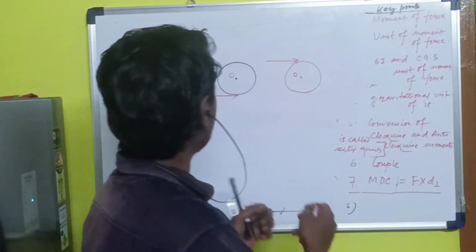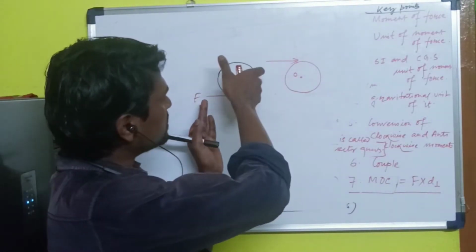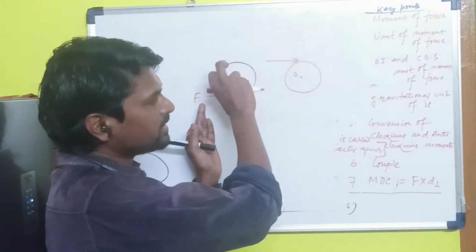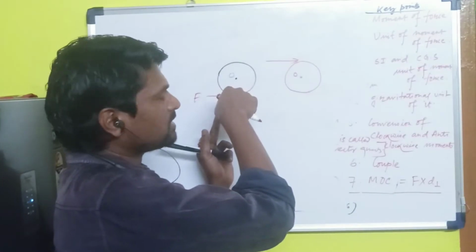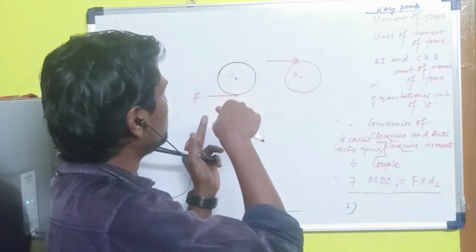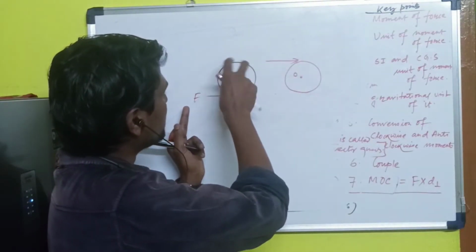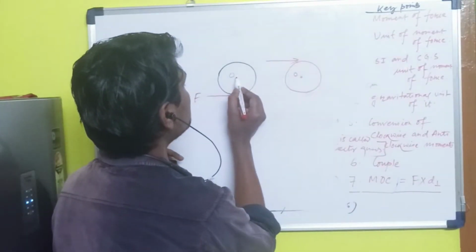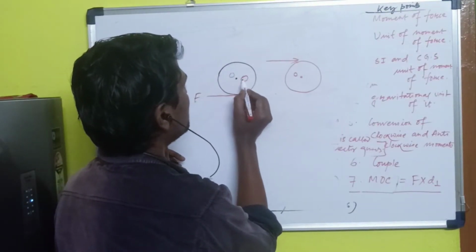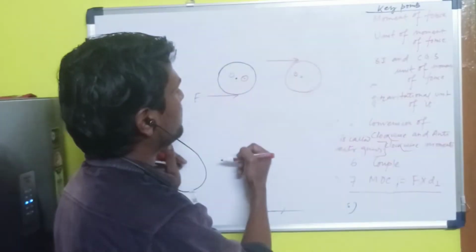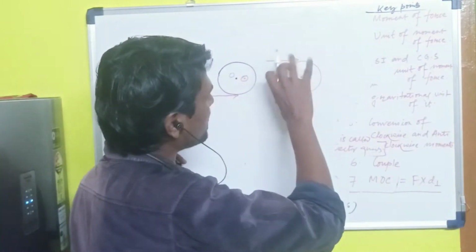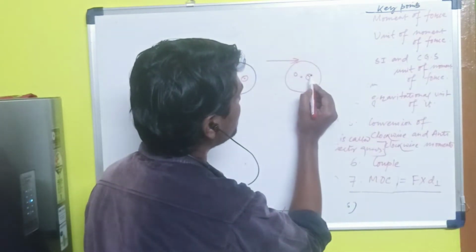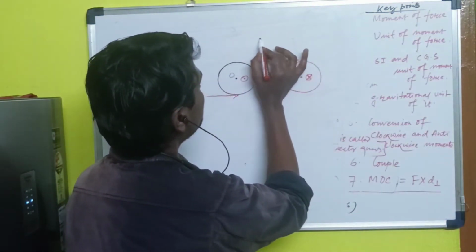If we apply the force along this direction, then it turns anti-clockwise. Anti-clockwise means you have to follow the clock. So this is the anti-clockwise direction, the upward sign, and if we apply it along the other direction, then it goes inward. So this is the inward sign.